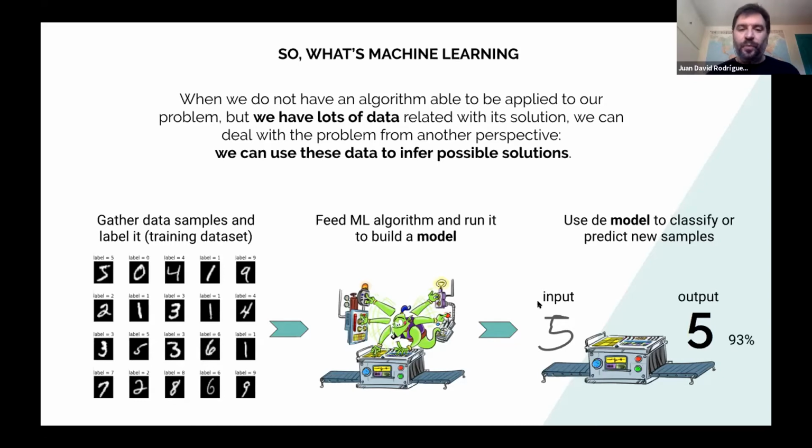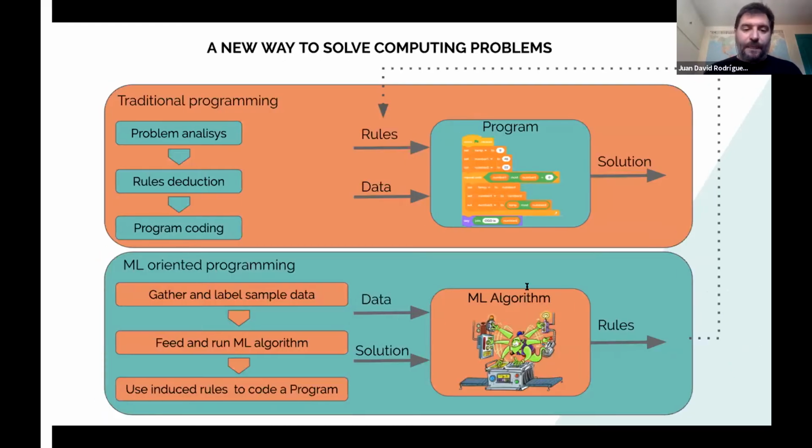Okay, so we can talk about a new way to solve computing problems. The top box of this drawing shows the traditional programming way, while the bottom box illustrates the way problems are solved with machine learning.